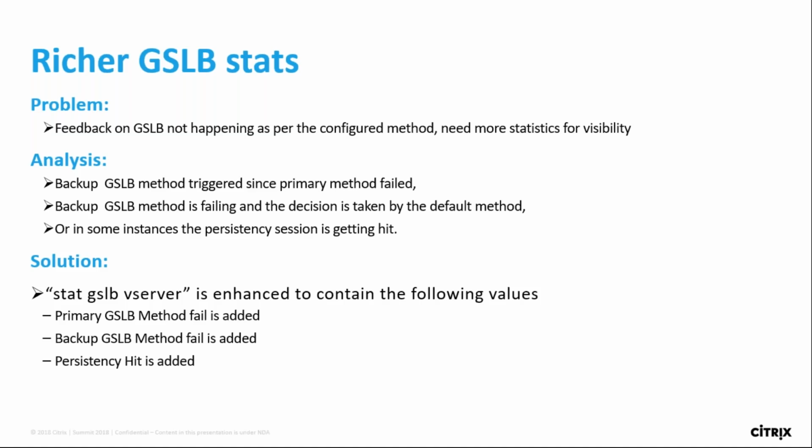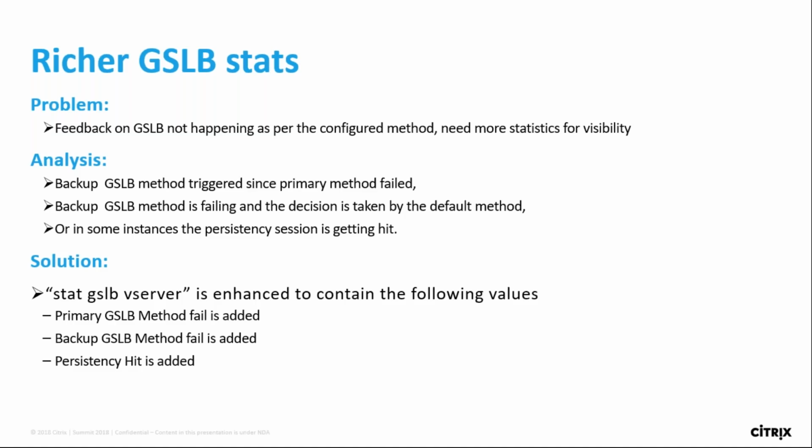Or in some cases, the primary method failed, and the backup GSLB method also failed, and the default method came into the picture. Or there was one more case where, due to a persistent session, GSLB was not happening as per the configured method. So it was very difficult to understand and get the details from the data that we analyzed in the stats.